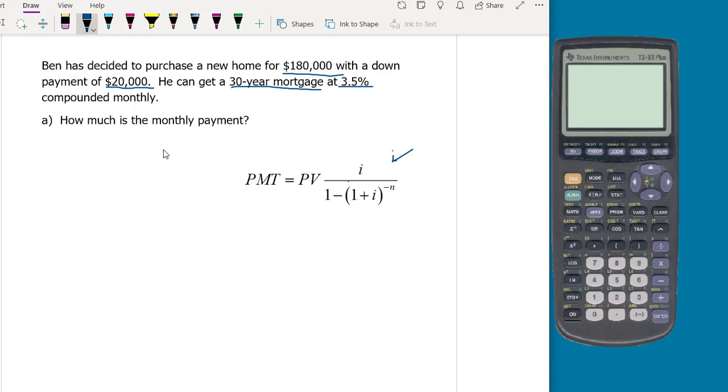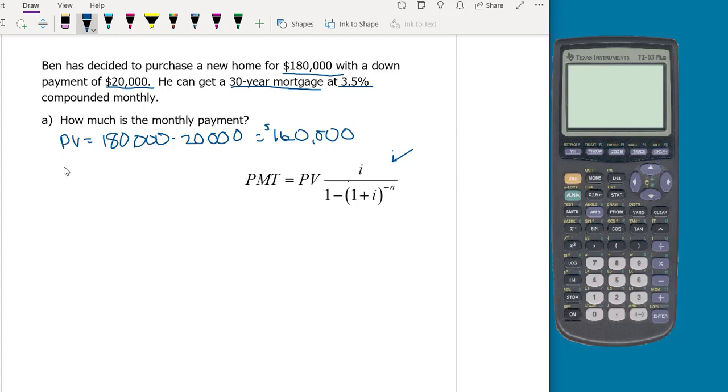When we're using the formula here, the first thing we need to figure out is what is our present value. So our present value is the amount of the loan. So if the house costs $180,000 and he's putting a $20,000 down payment, the amount of the loan is going to be the $180,000 minus $20,000, so that's going to be $160,000.